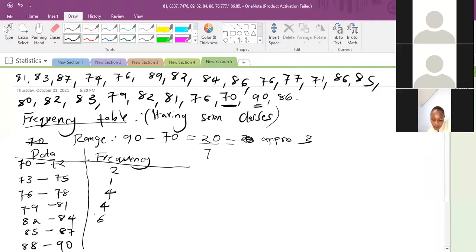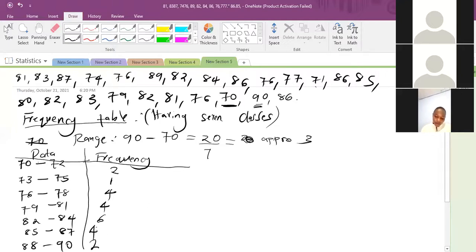So that is 4. Okay, 88 to 90. So we have this in between, 1, 2. So those are 2 values.